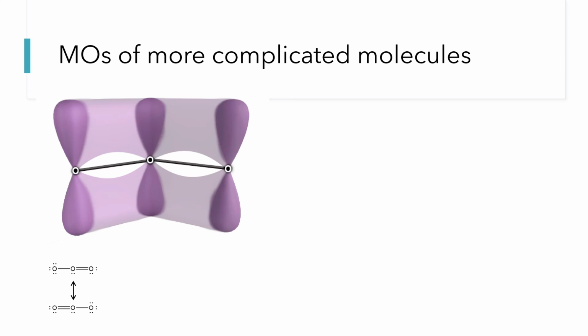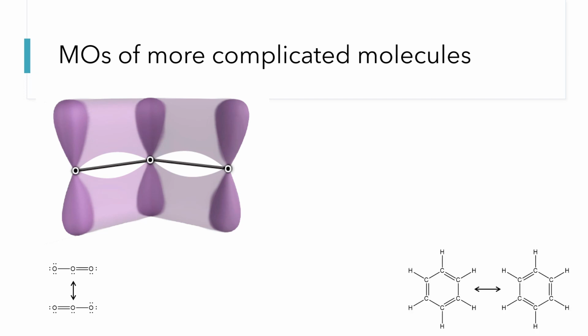Notice that the actual three-dimensional structure of this is not linear because that central oxygen atom is sp2, so it's going to have that 120-degree bond angle in there. And so in that lowest energy molecular orbital, the electrons are free to roam across all three of these atoms.